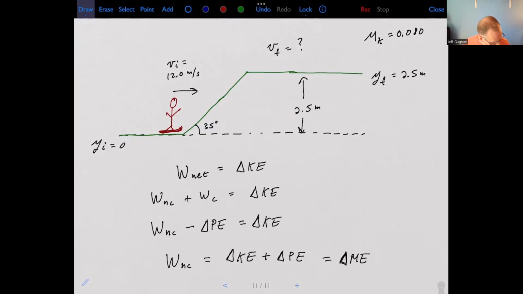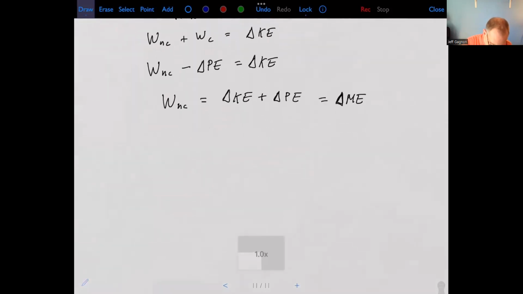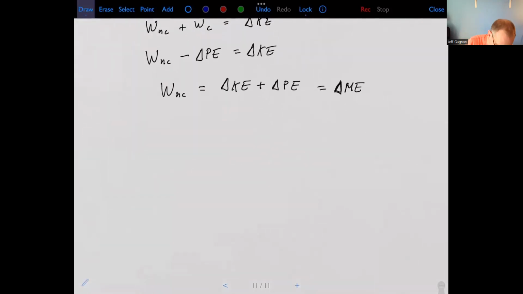Okay, so let's see what's going on here. What are the forces acting on the skier? Really, we're only interested when they're going up that ramp.